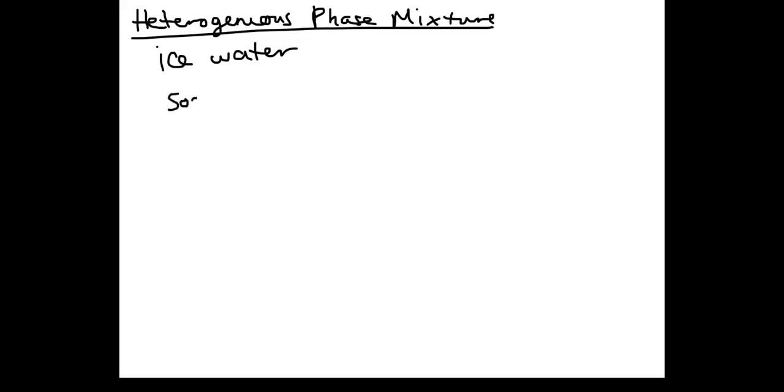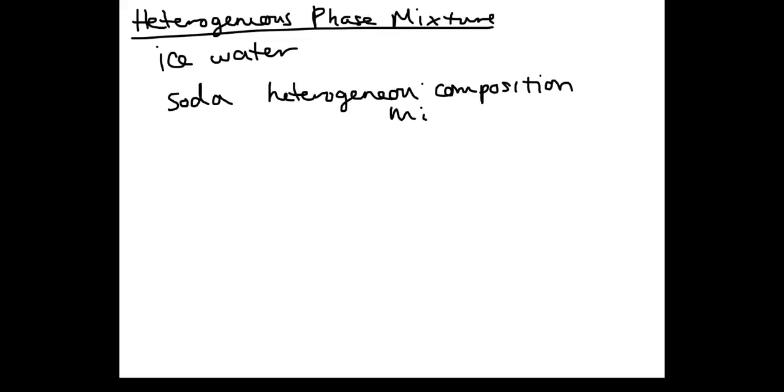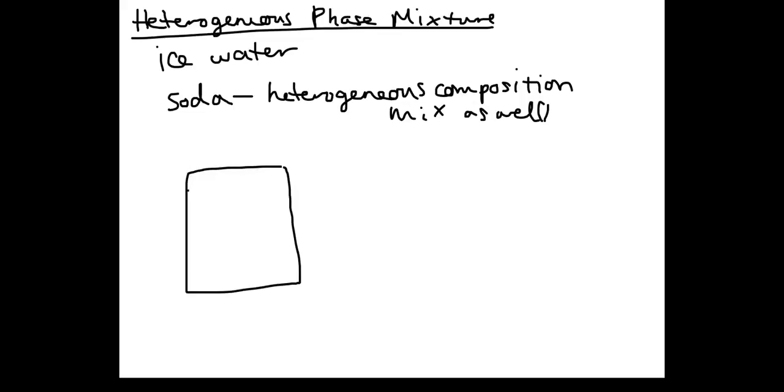Did I hear a no? Okay, hold on one second. Soda is a heterogeneous composition mixture as well. Okay, so if I have ice water, we have solid and we have liquid, okay?